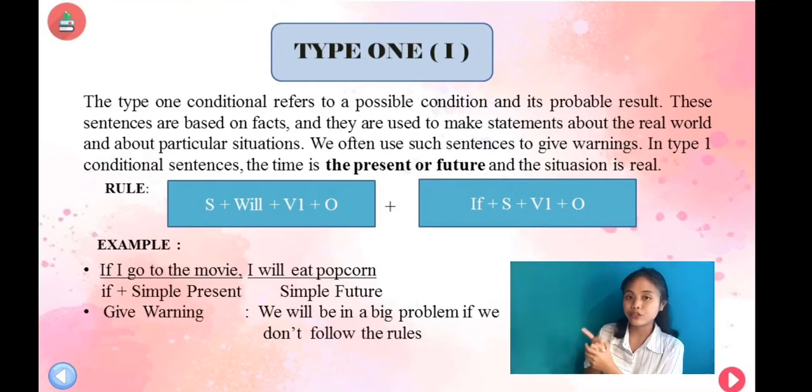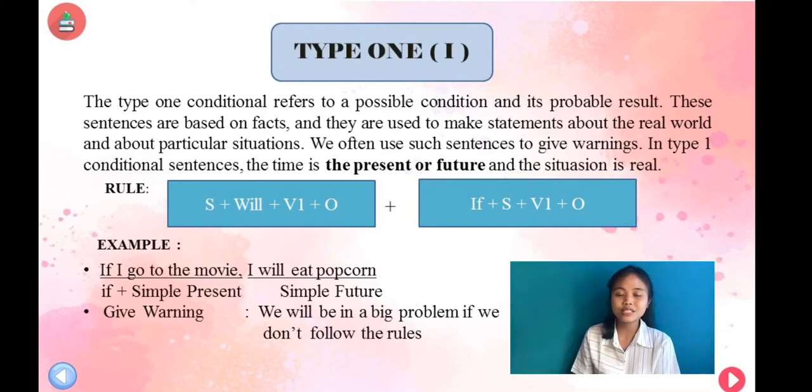Let's take a look at the rules. For the main clause, use simple future, which is subject plus will plus verb 1 plus object, and the if clause uses if plus simple present, that is if plus subject plus verb 1 plus object.